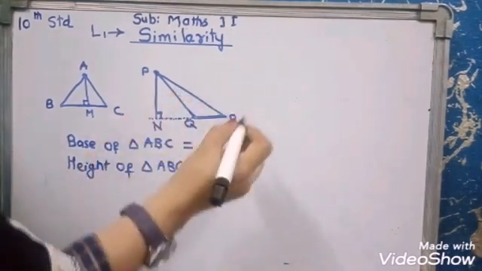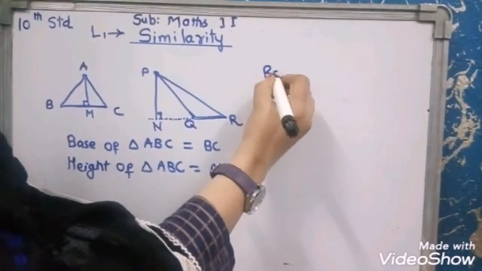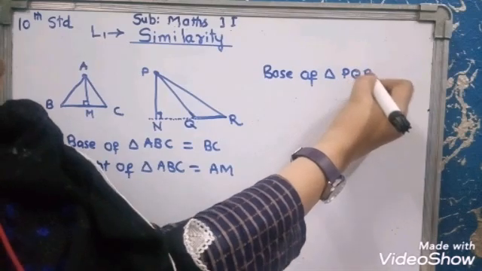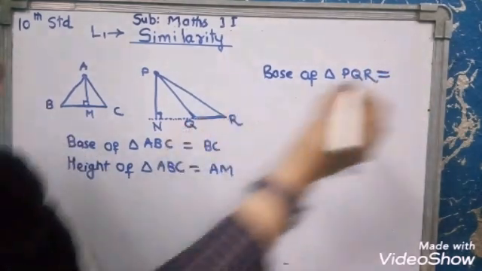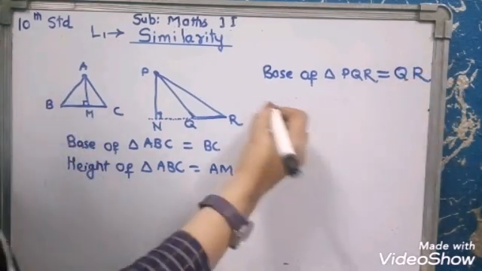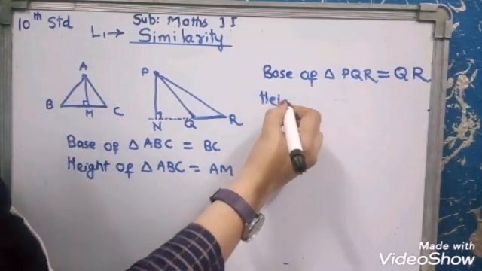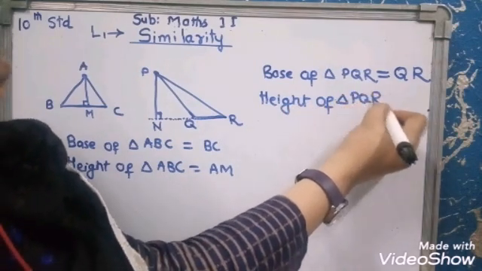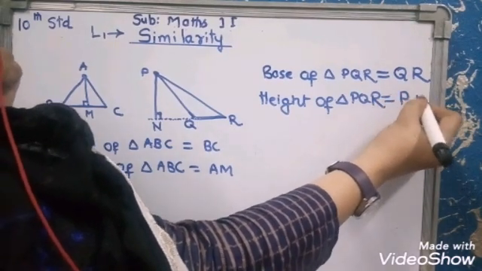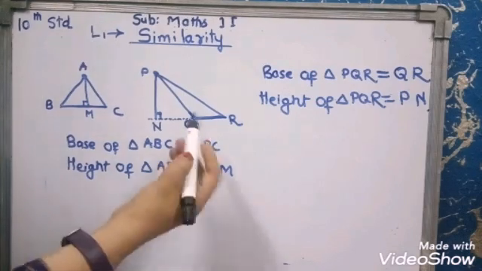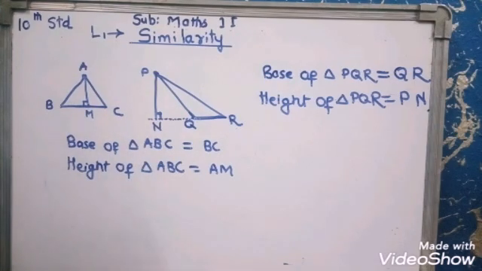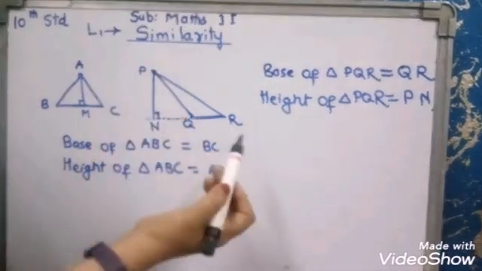Now base of triangle PQR is equal to side QR, and height of triangle PQR is equal to PN. Base is QR and height is PN. Height is the perpendicular segment which determines the height of the triangle.